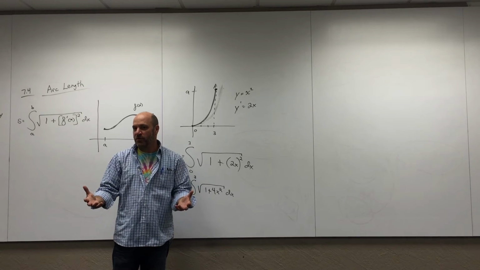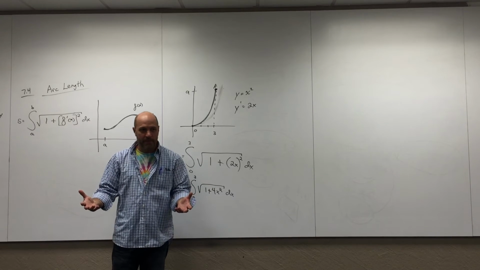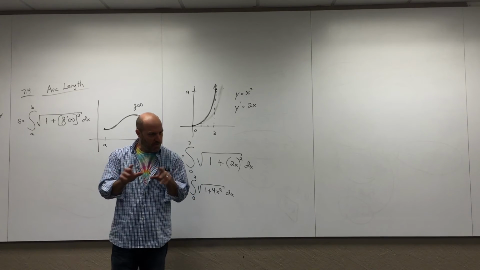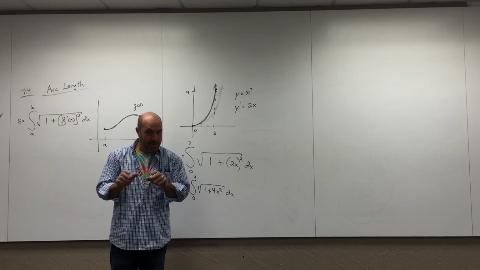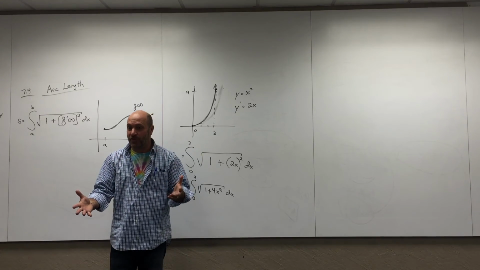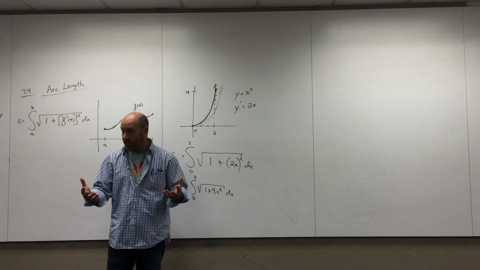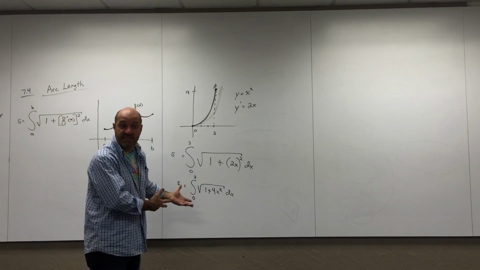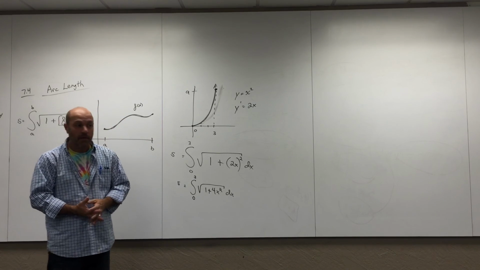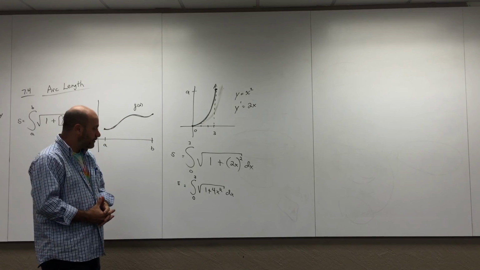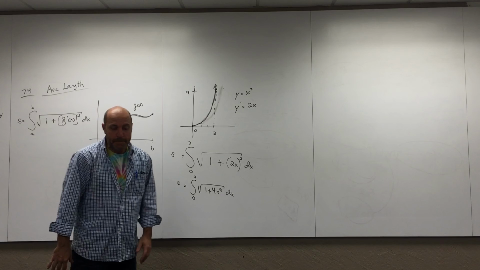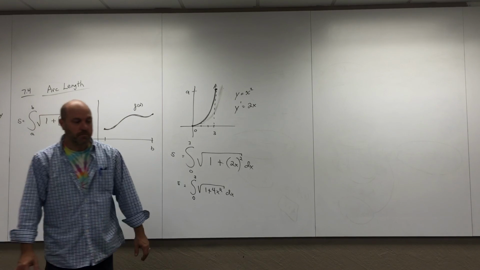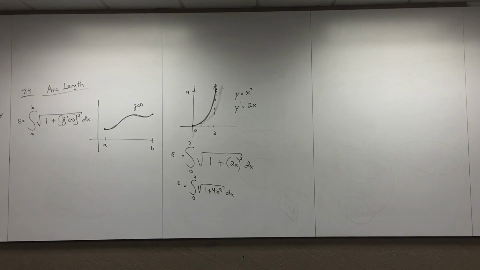A computer loves to add up rectangles, but then you need a little program of some type. It would be glad to add up 200 rectangles or 100 rectangles or 8 rectangles or whatever. So a computer or a calculator could numerically estimate this. Maybe I'll show you something.